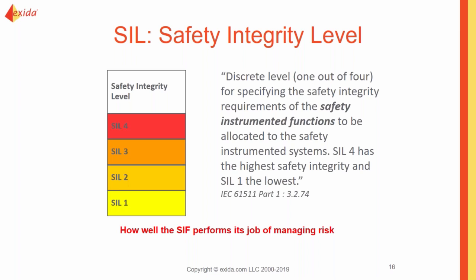So if you think about it, a SIL 1 is going to do its job okay, where a SIL 2, how much risk is it taking out of the system? It's going to be able to remove more risk from the system, whereas SIL 3 is an order of magnitude higher. It's going to be able to take out more risk, and SIL 4, so on.